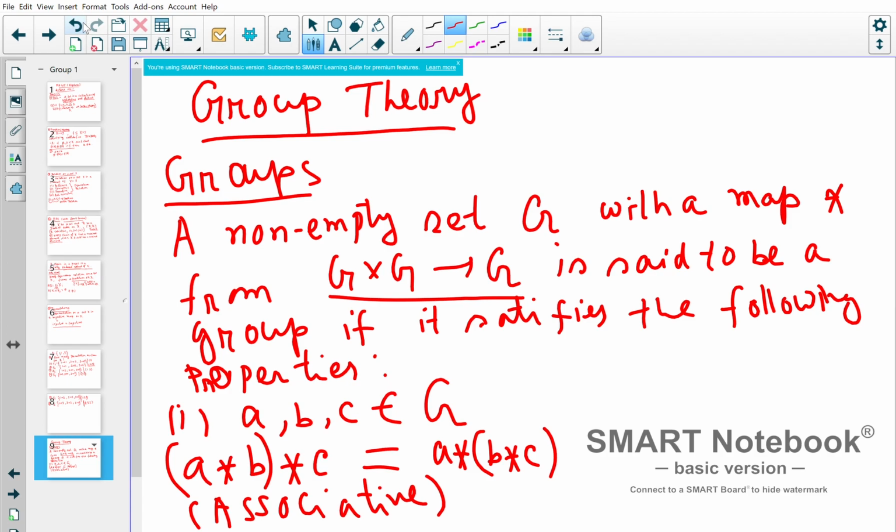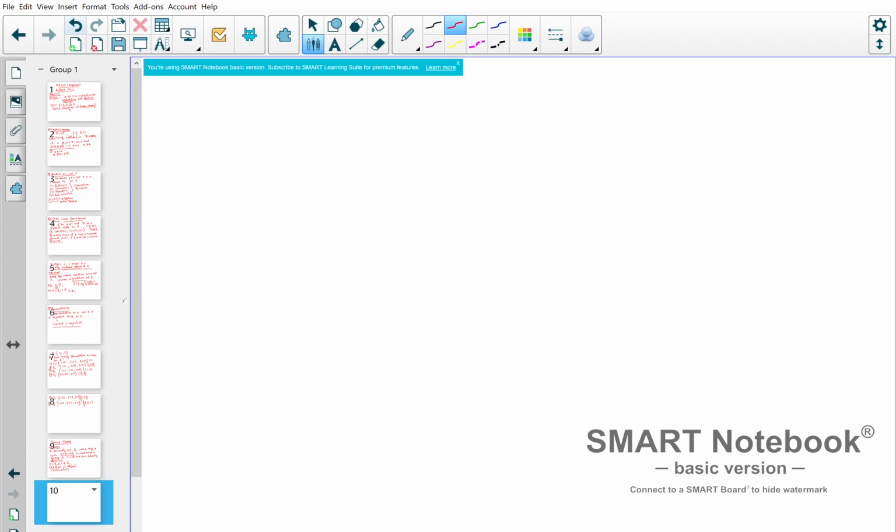This is the first property which one should satisfy, and the second thing is something called existence of identity.